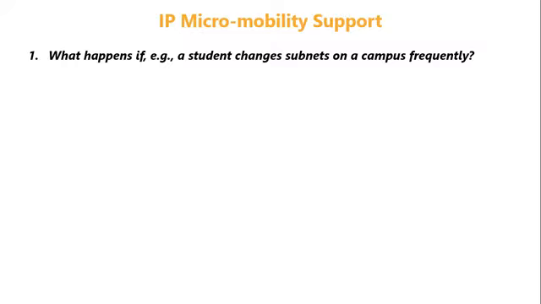So the IP micro mobility protocol can help mobile IP by offering fast and seamless handover in a limited geographic area. That is, when the mobile node is moving in a limited area, everything need not be updated to the HA, the home agent.